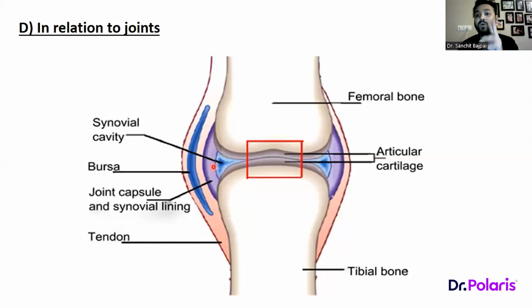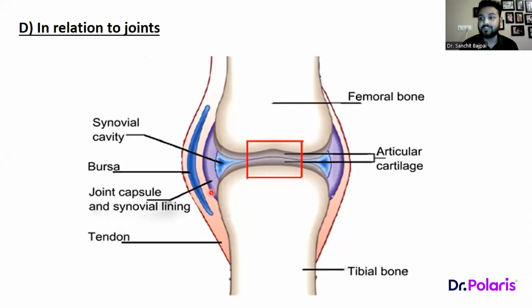Joint capsule has got 2 parts. One part, you see this blue color thing. This is called as a synovial membrane. And once you see this thing, this purple color, this is called as a fibrous capsule. So the joint capsule has got 2 parts. One part inside, which is called as a synovial membrane. Other part outside, which is called as the joint capsule or the fibrous capsule, right?